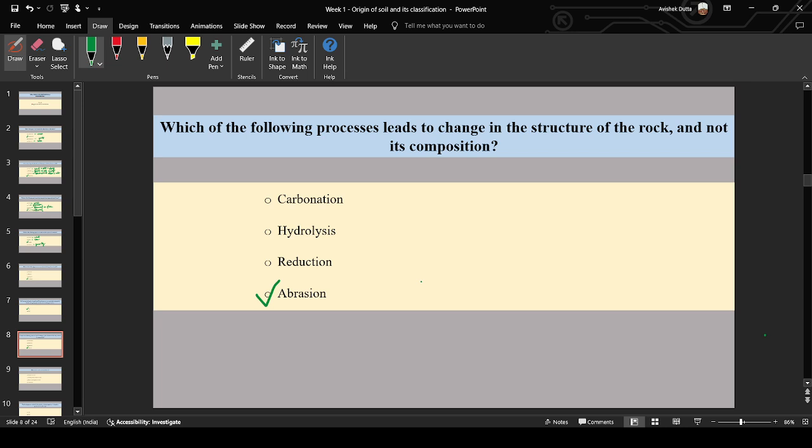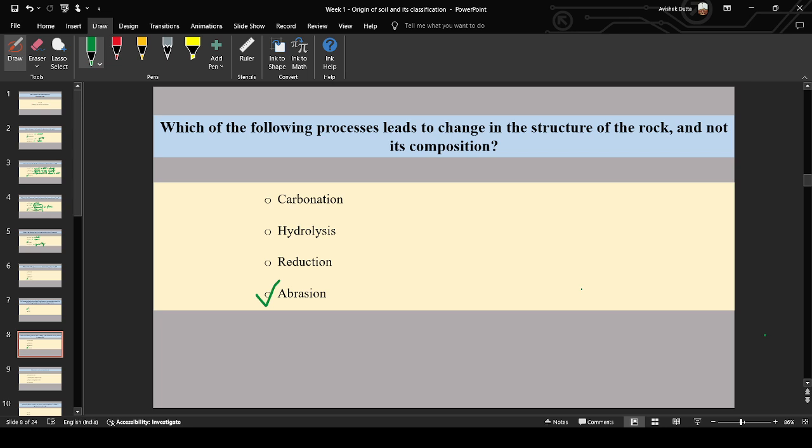And reduction reaction, as we all know, is the addition of hydrogen ions or the subtraction of oxygen ions. So carbonation, hydrolysis and reduction are chemical processes, and these might lead to change in the chemical composition of the rock mass.